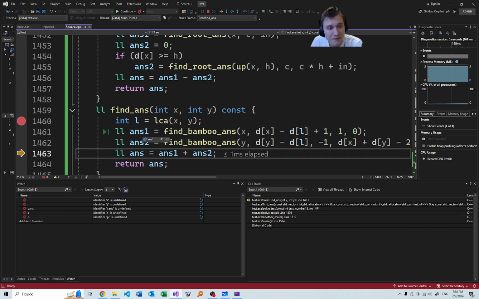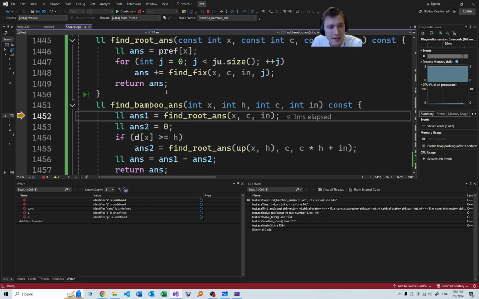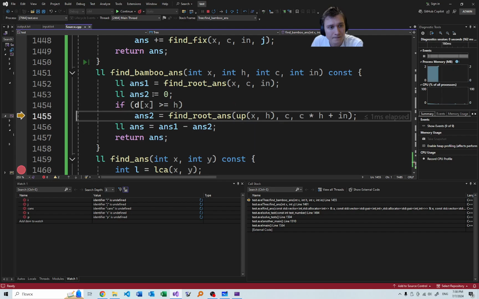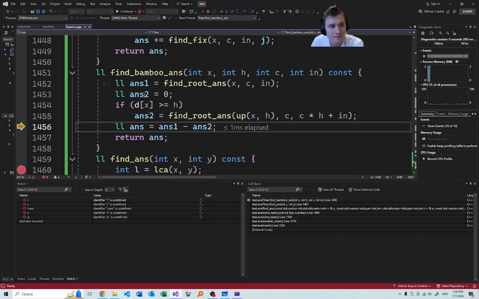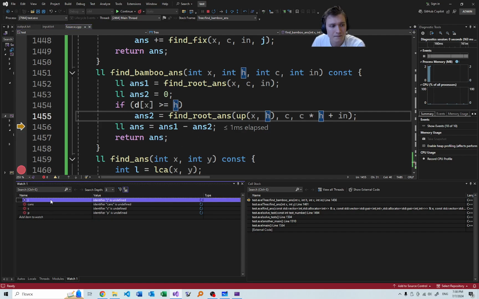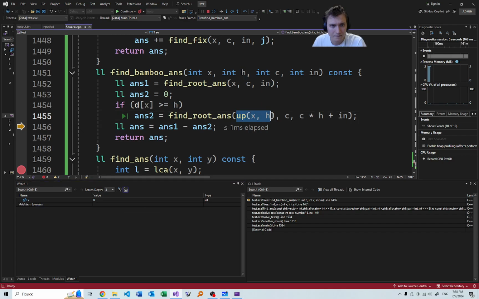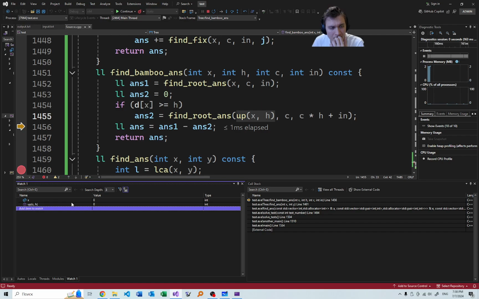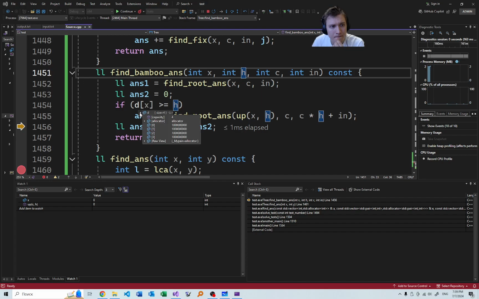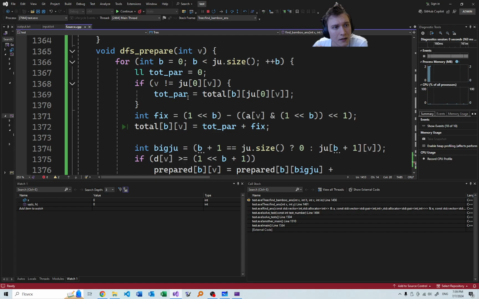So for some reason, find bamboo is pretty much bad. Ah, dx is a failure.